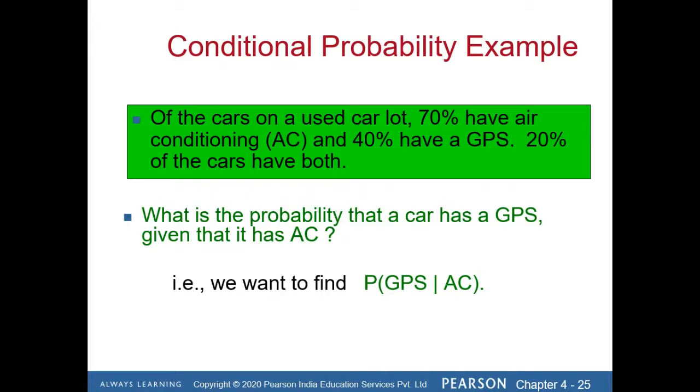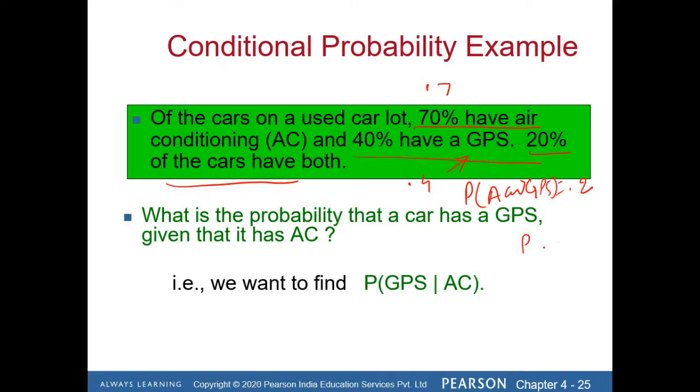What is the probability of a car having air conditioning? 0.7. 70% means 0.7. And 40% have a GPS. 0.4 is having GPS in the total lot of cars. 20% of cars have both, meaning the probability of AC and GPS both is 0.2.